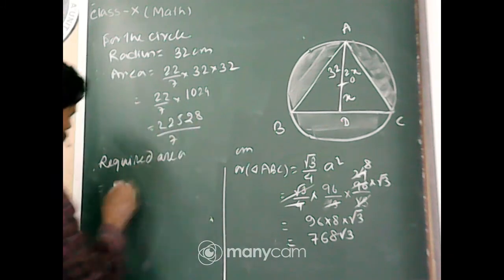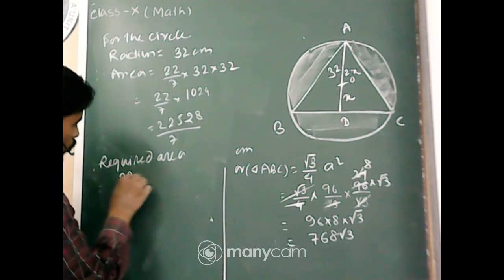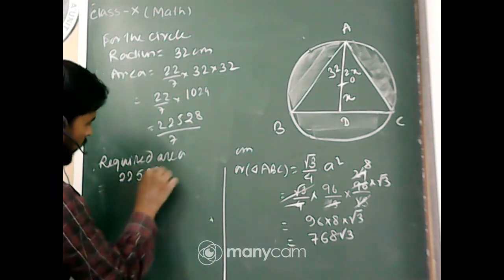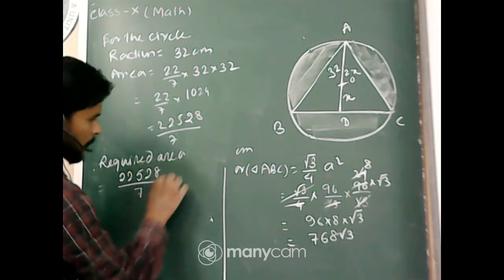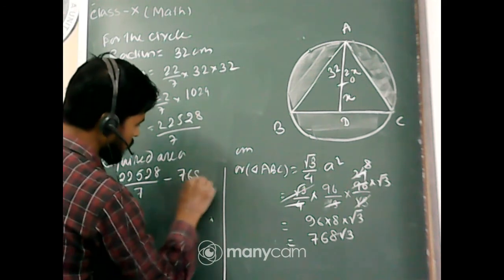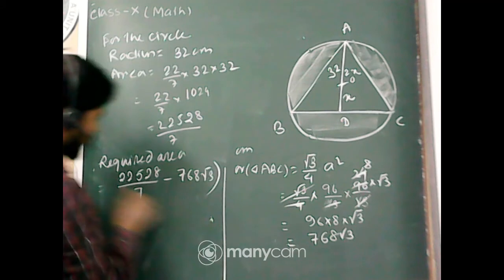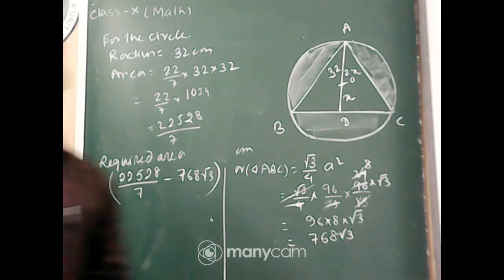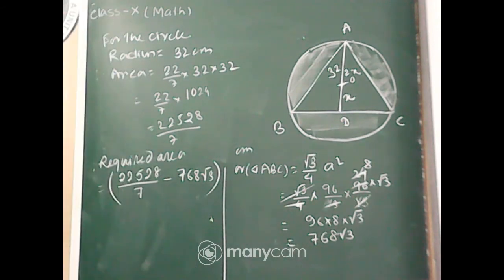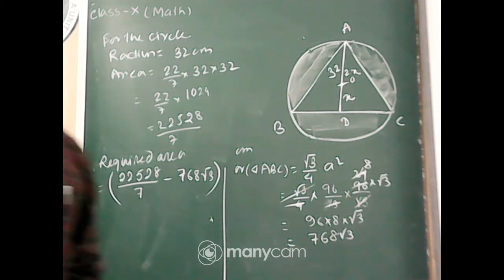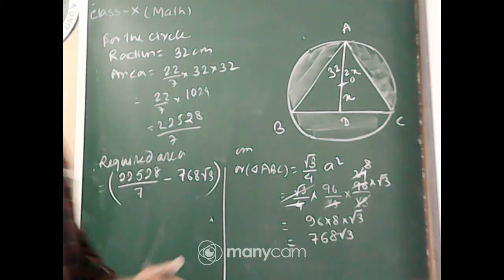So the area of the circle is 22528 by 7 minus 768 root 3. This centimeter square will be the required area. Okay, and this is the answer.